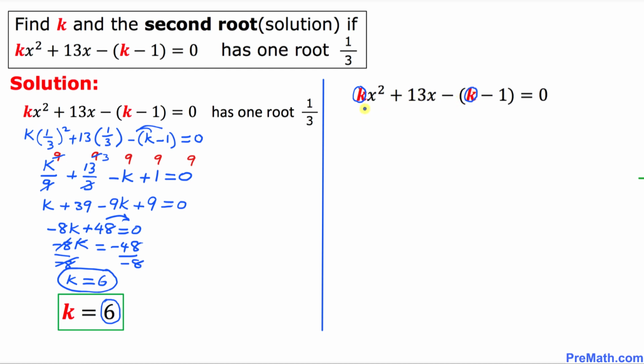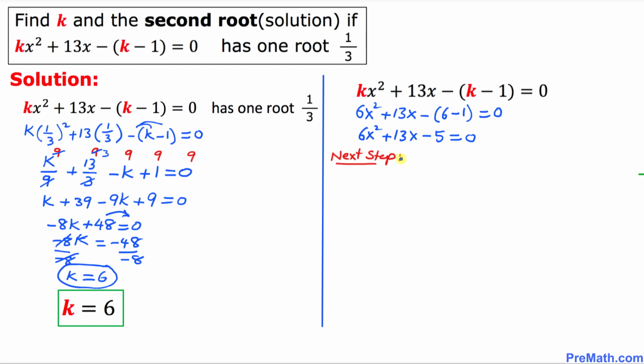So this becomes 6x squared plus 13x minus 6 minus 1 equals 0. That gives us 6x squared plus 13x minus 5 equals 0, and that is our quadratic equation.